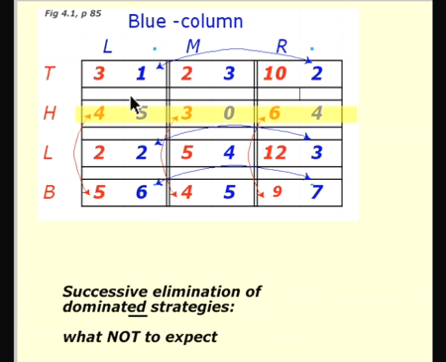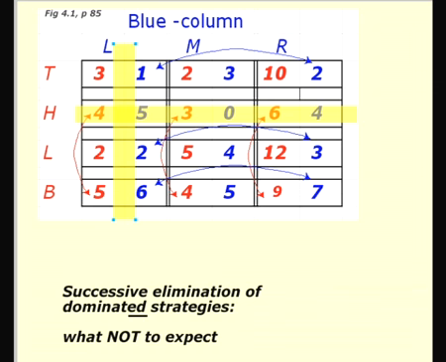So now we can eliminate L. In our heads, we can think, well, the blue player won't play L, because the blue player would only play L if he expected me to play H. But we both figured out, because we know the game, that I'm not going to, as the red player, play H. It's going to be eliminated. So therefore, L will be dominated by R, not in the big game, but in this new game, the second round, which we call iterated, like we're going one step at a time.